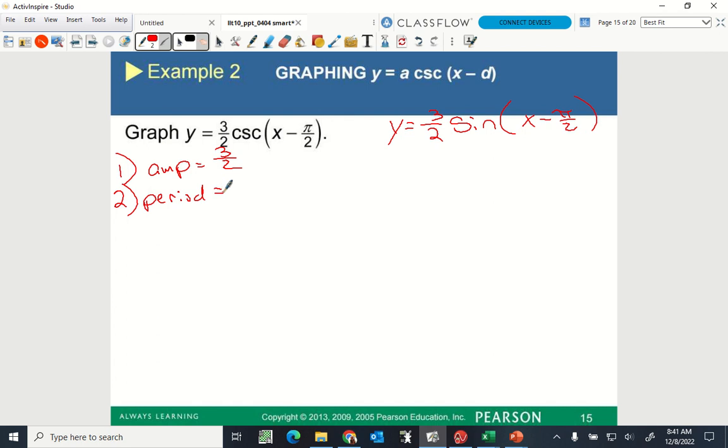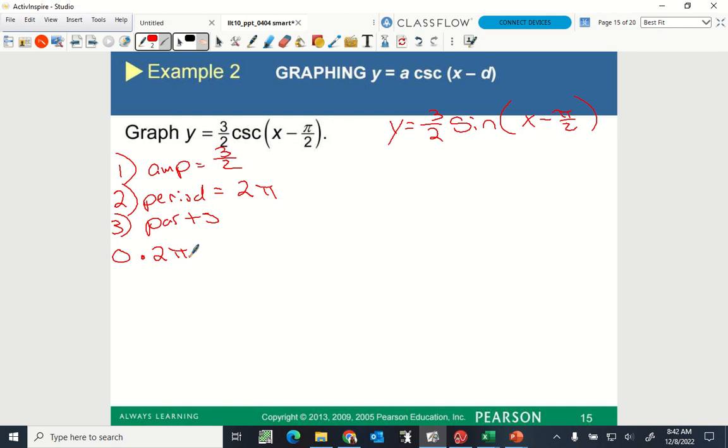So my b value is 1, so it's going to be just 2 pi for the period. And 0 times the period, which is 2 pi, and add my phase shift.